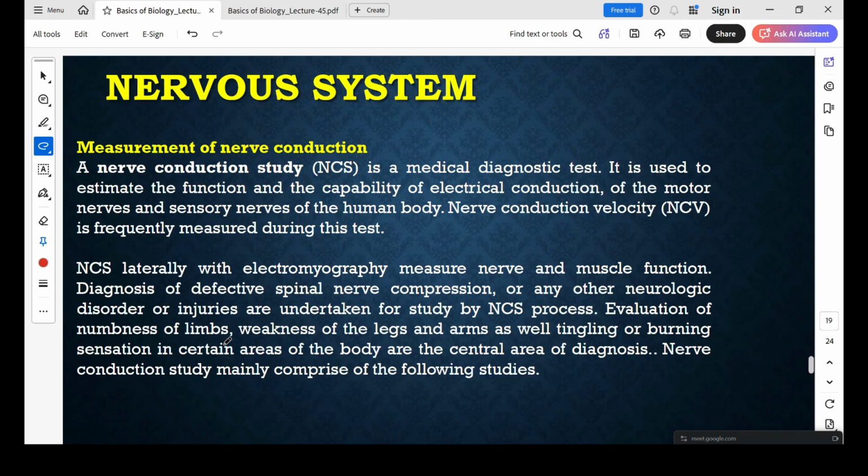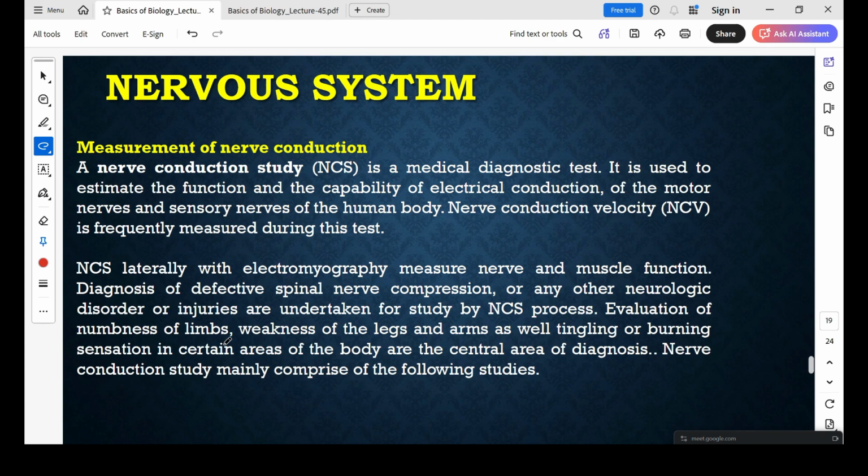Okay. So nerves are very essential for the conduction of information from one place to another, and any damage to these nerves can have very deleterious effects.